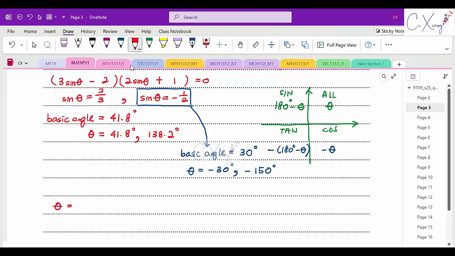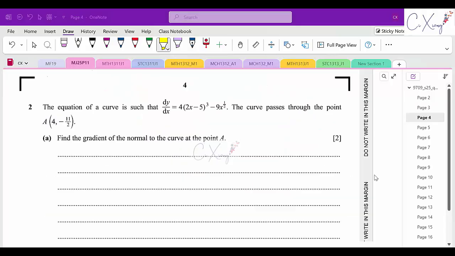According to what we solved here, the smallest angle is negative 150, followed by negative 30, then 41.8, and also 138.2. Basically this is how we solve question number 1.